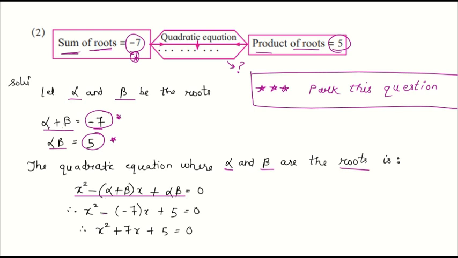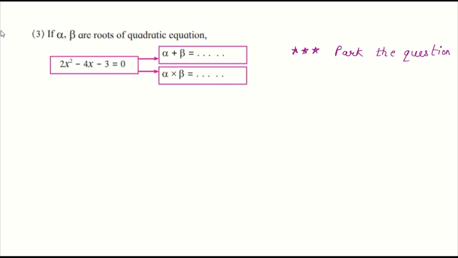So the required equation is x square plus 7x plus 5 is equal to 0. Also, you can pause the video here and copy down this question and the solution for the same. Once done, you can move on to the next question that we parked earlier.